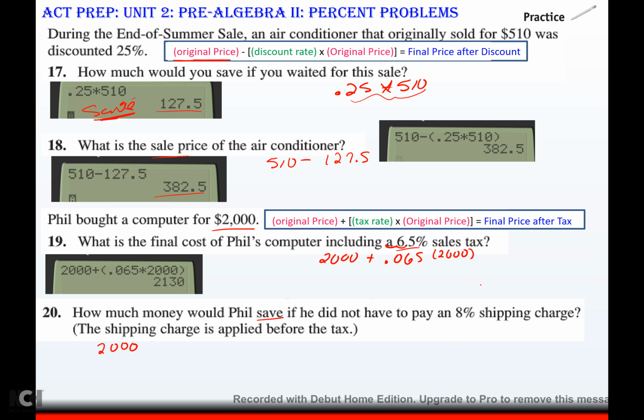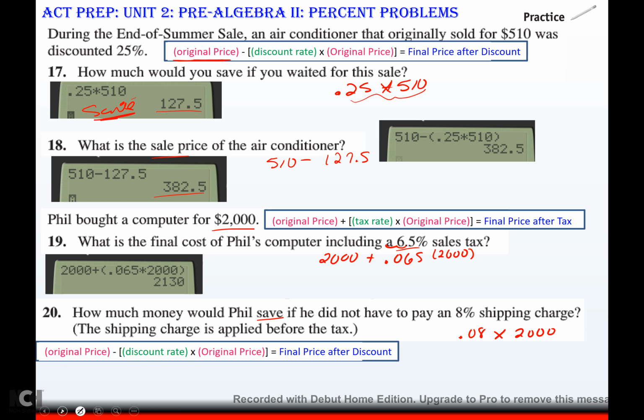He's going to save 8% of the 2,000. So he's going to save 0.08 of the price. That'll be how much he saves. So he's going to save 160 bucks. If they would have asked, so what would the price be without shipping, then you would say $1,840.